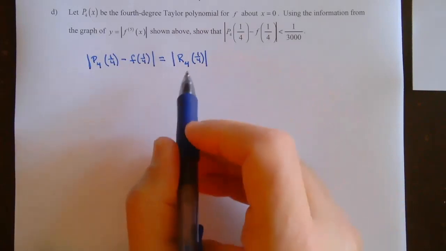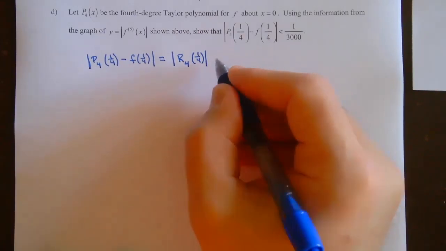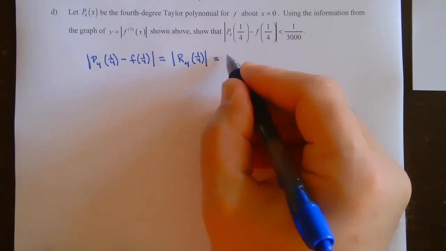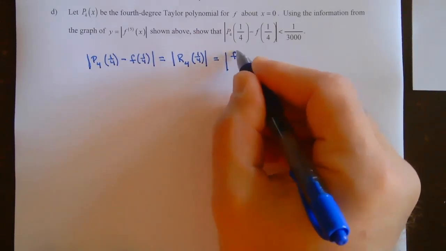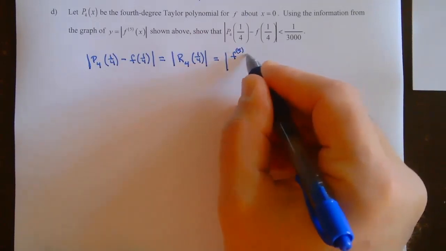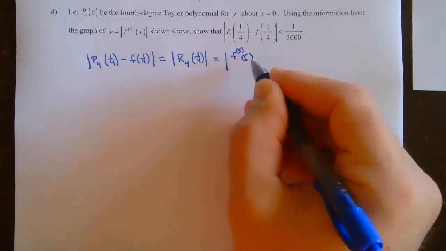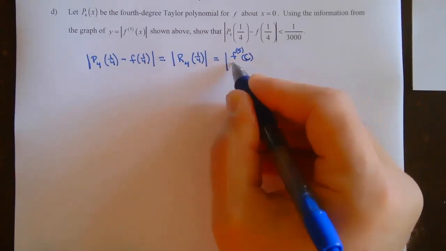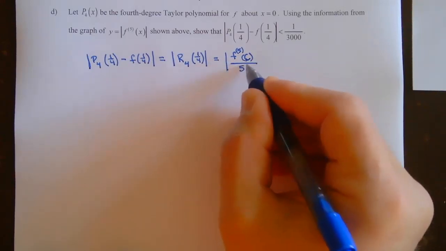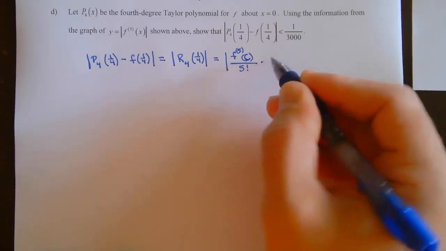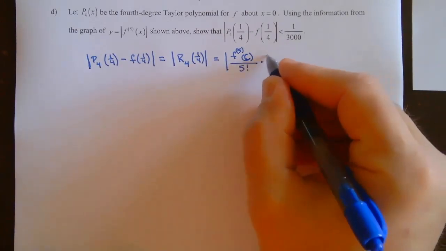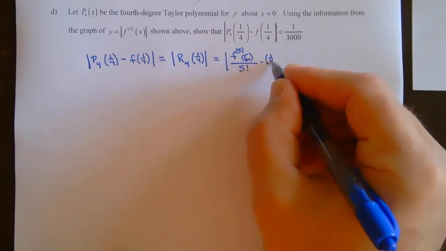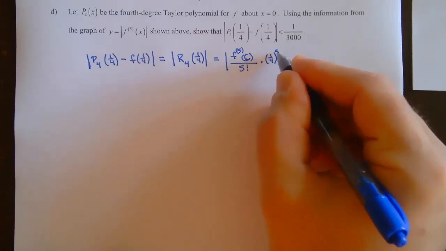And then we know that this has to be equal to the absolute value of, remember there's an n plus 1 derivative, so that'd be the fifth derivative, right? That's where the graph is going to come in, at some value c, over 5 factorial times, in this case, we're putting 1/4 in for x, so it's going to be 1/4 raised to the fifth power.